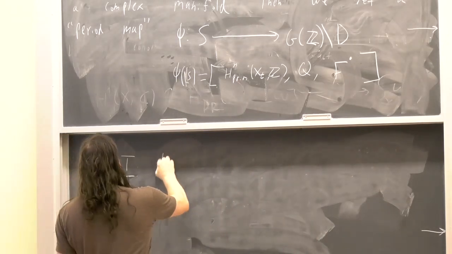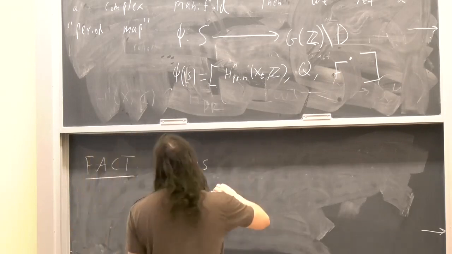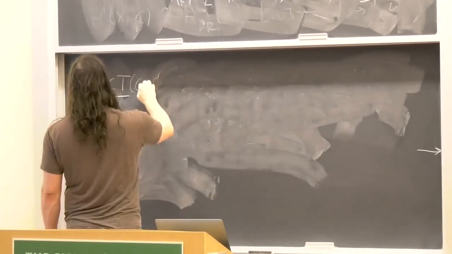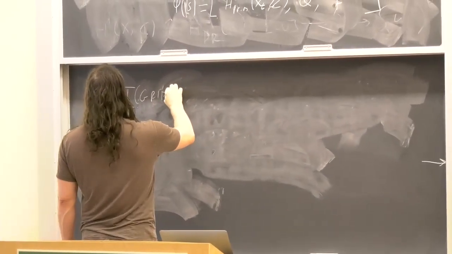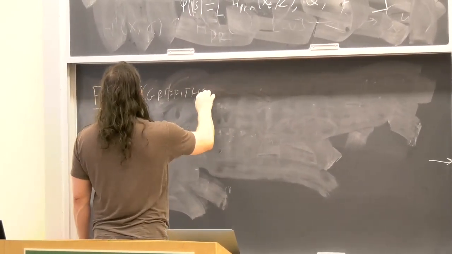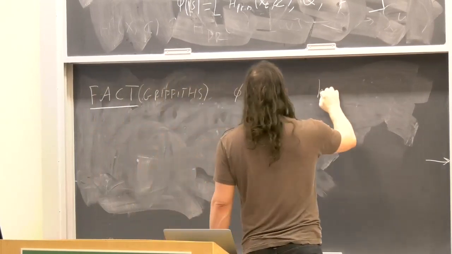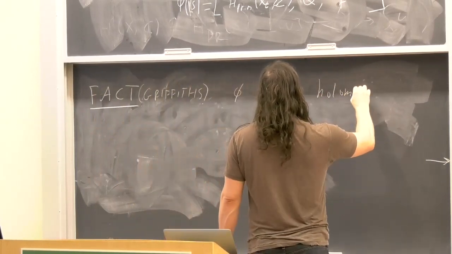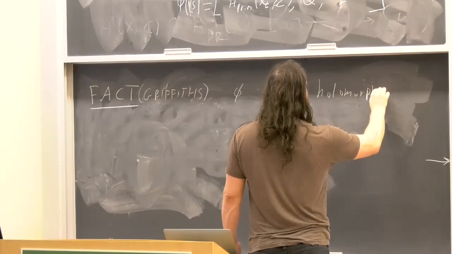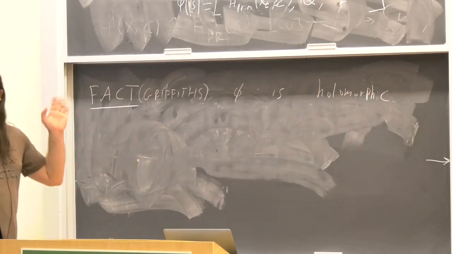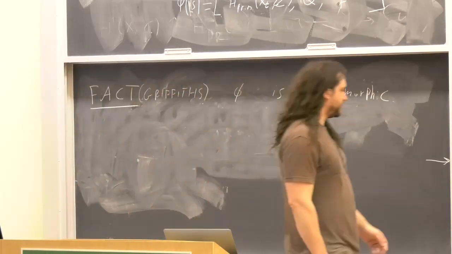Fact is this phi is holomorphic. So this is actually, I should attribute this fact to Griffiths, who proved it. Phi is holomorphic. It's not super deep, but it's not trivial either. It's not immediately obvious.